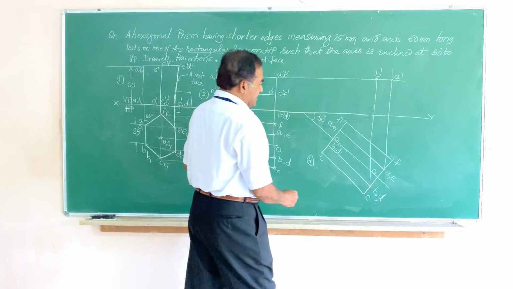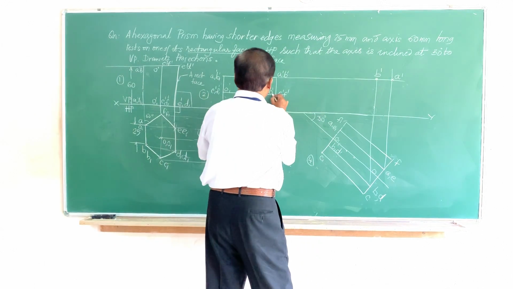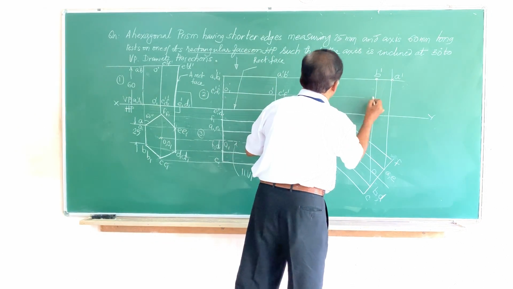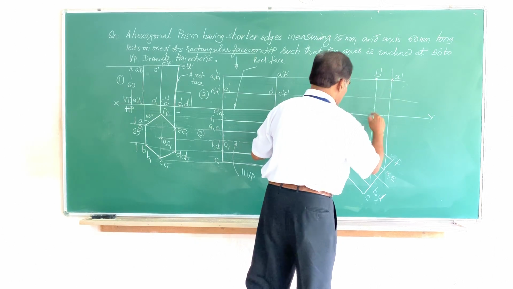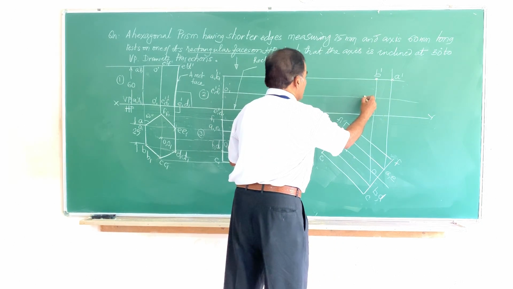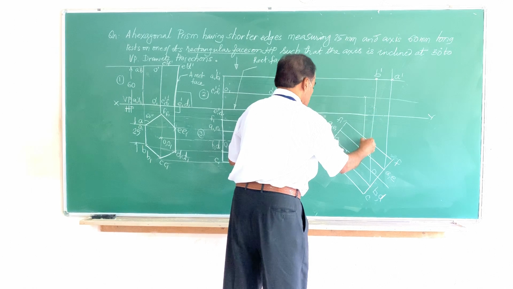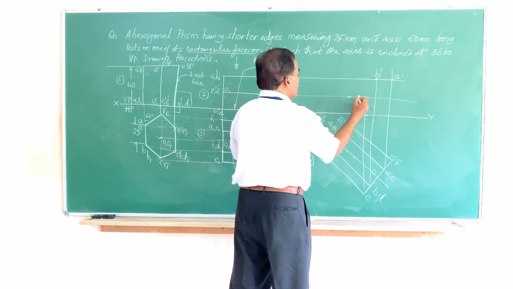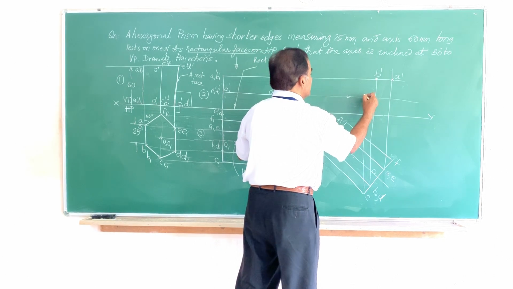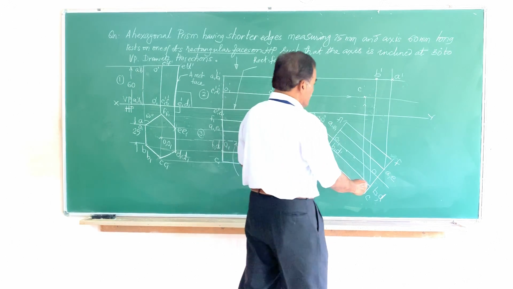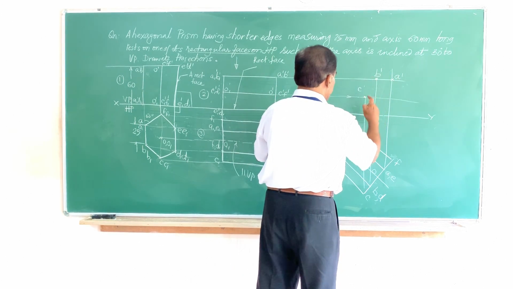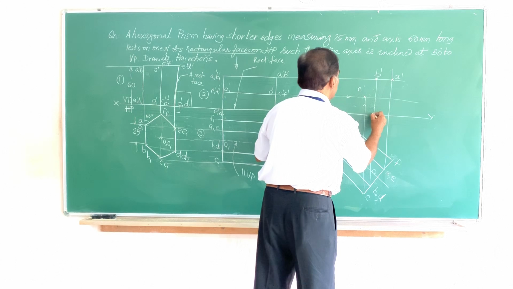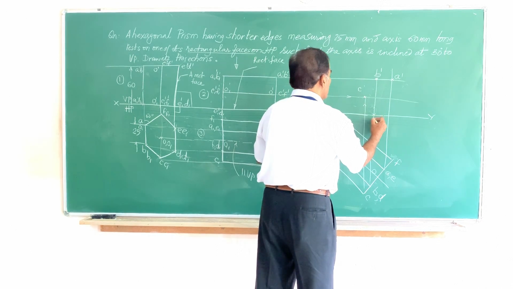Likewise, you can obtain C, D, E, etc. C and F will fall on this, which will be exactly in the center of this. So vertical from C, horizontal from C, the point of intersection is C dash. Likewise, you get this A dash, B dash, C dash. This point is going to be D dash because B and D will be on the same line.